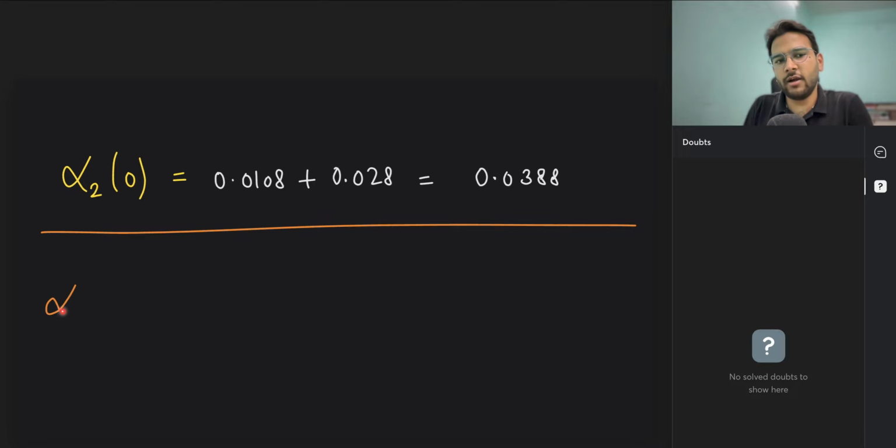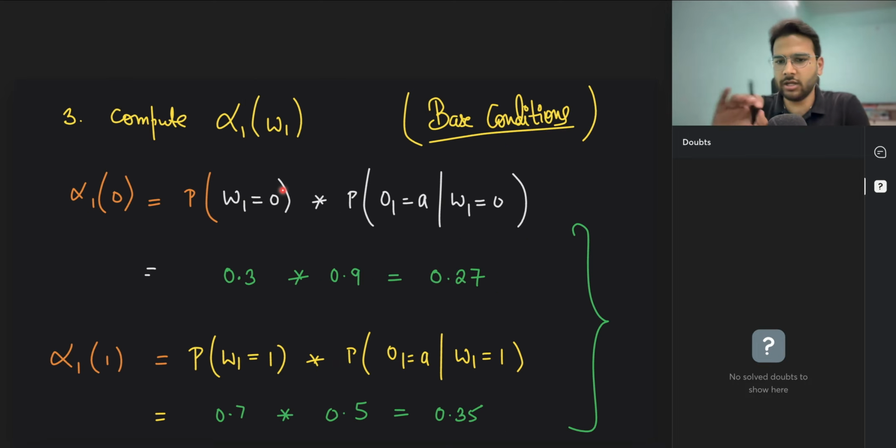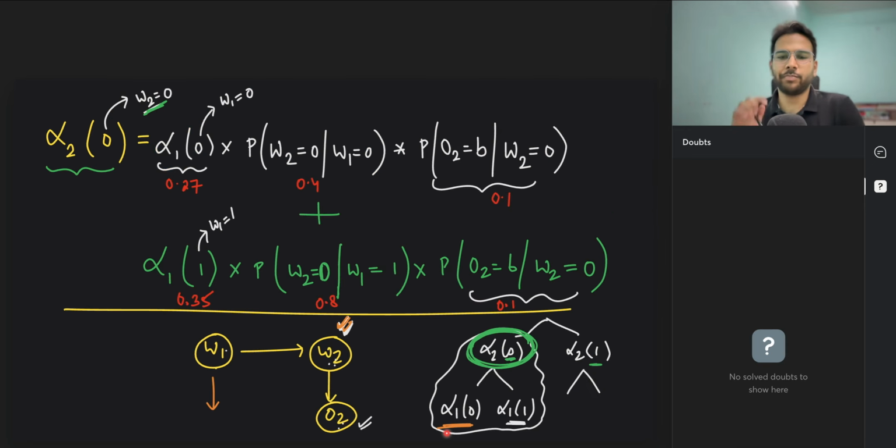Similarly, we can find alpha 2 of 1 as well. Now I want you to write this equation in your notebook, not here in the chat, just in your notebook, by seeing this diagram. Try to write it for alpha 2 of 1, just for your practice purpose. Once it is done, just let me know in the chat.